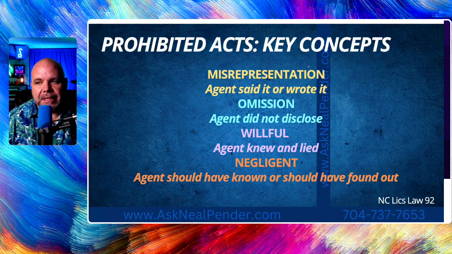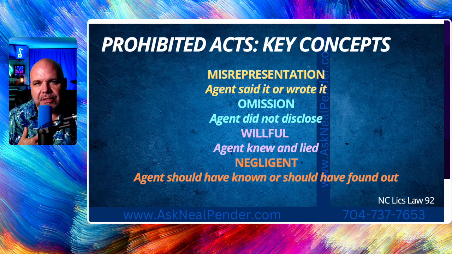And then negligent means the agent should have known in the course of their responsible duties, the duties that we are responsible for. They should have known or should have found out. There's a handful of fiduciary duties that we brokers have a responsibility for. One of them is a reasonable amount of skill and care.